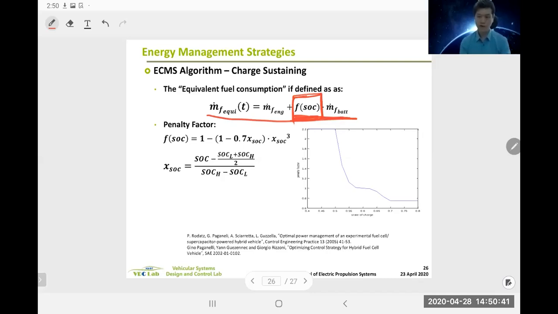Because you're converting battery energy into fuel energy, fuel consumption. But at the same time, depending on what value you choose, you are going to change your SOC trajectory, SOC change. So those two are coupled, okay?